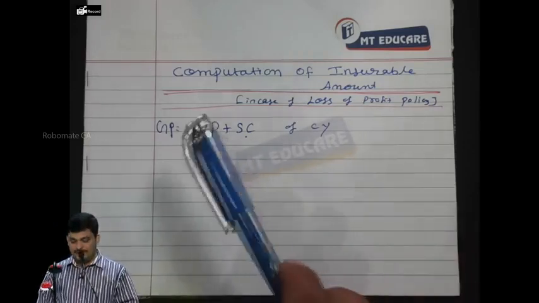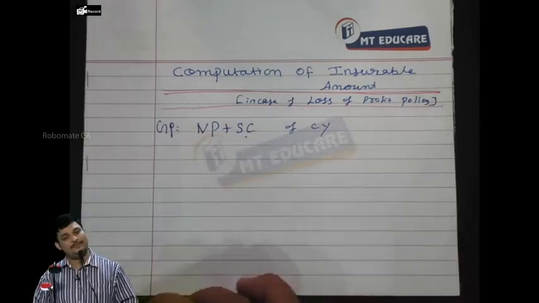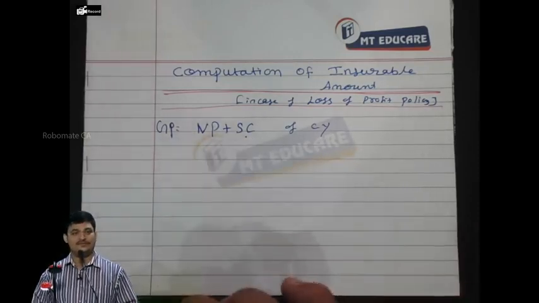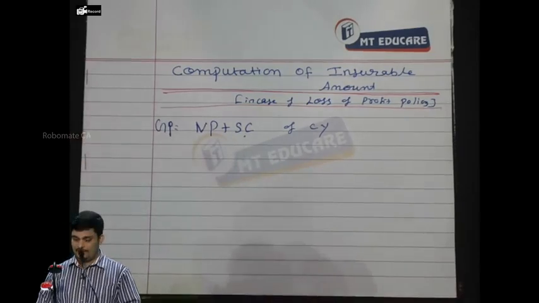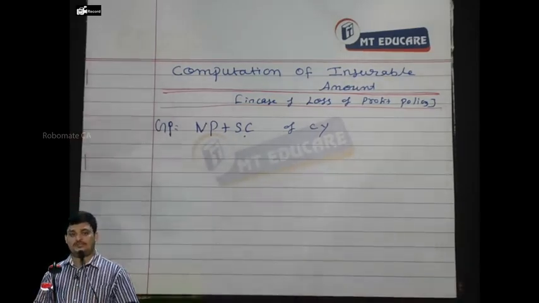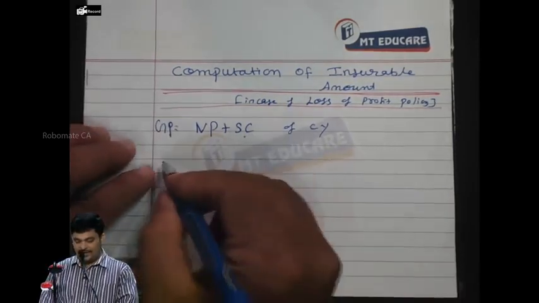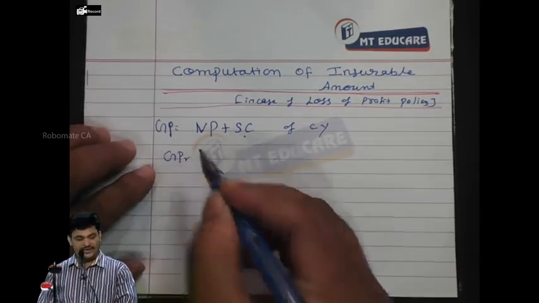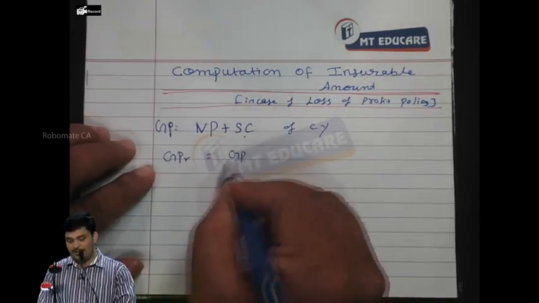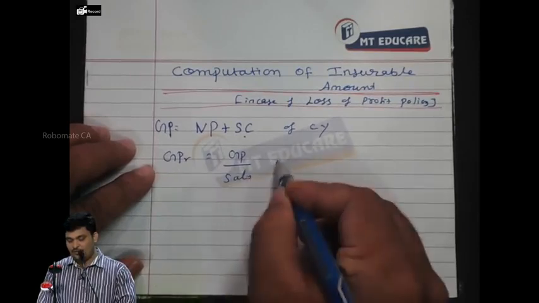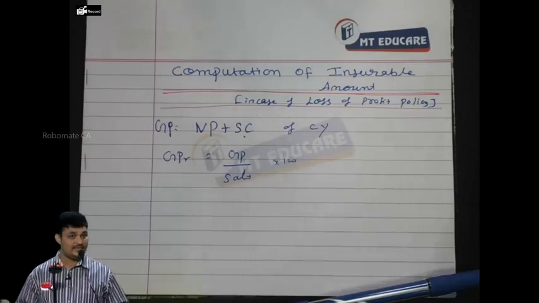So what do we do is we will identify net profit and standing charges of current year, which we call it as gross profit. Understood? There are two ways you can express yourself, but both should lead to same answer only. Now you can find out gross profit ratio of current year. Gross profit ratio, which is gross profit by sales into 100. You get gross profit ratio? Please respond.